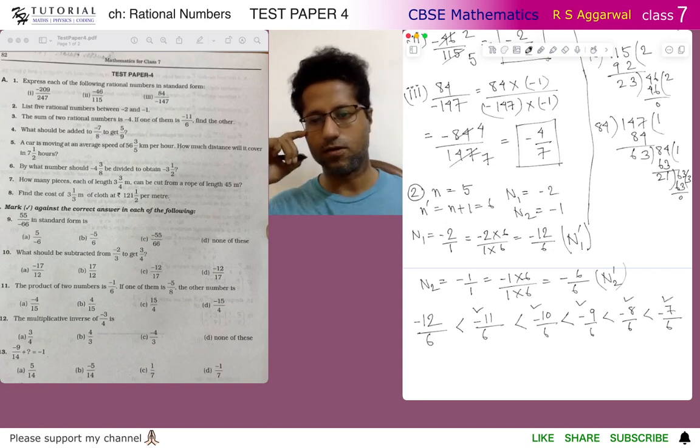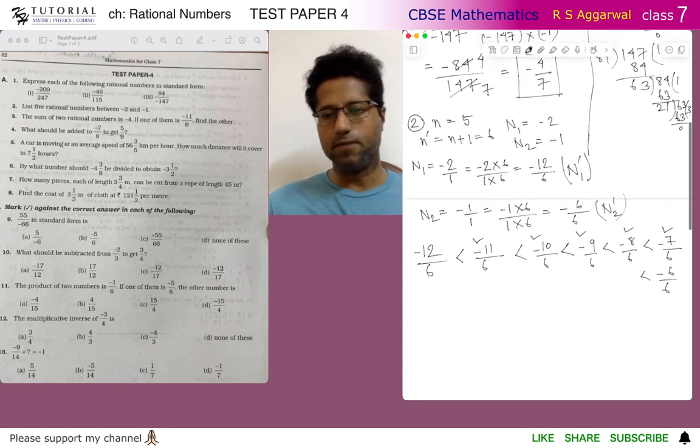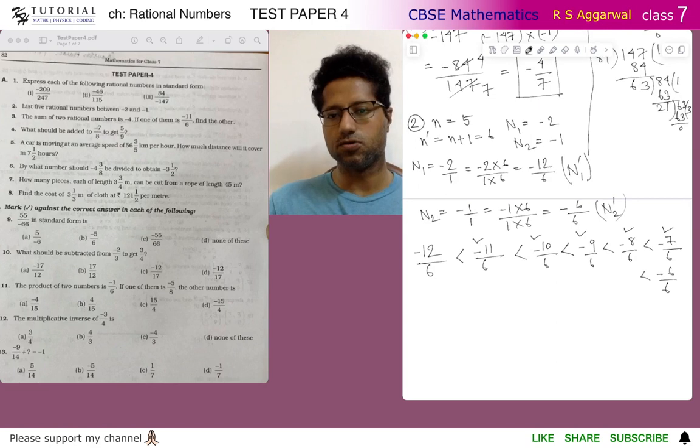So these are the 5 rational numbers that lie between minus 12 by 6 and minus 6 by 6. The tick marked rational numbers are the 5 rational numbers, and minus 12 by 6 is nothing but minus 2 and minus 6 by 6 is nothing but minus 1. So we have found 5 rational numbers.